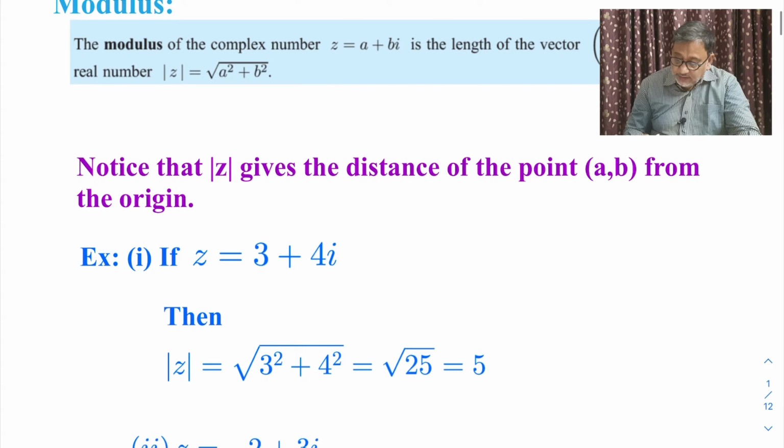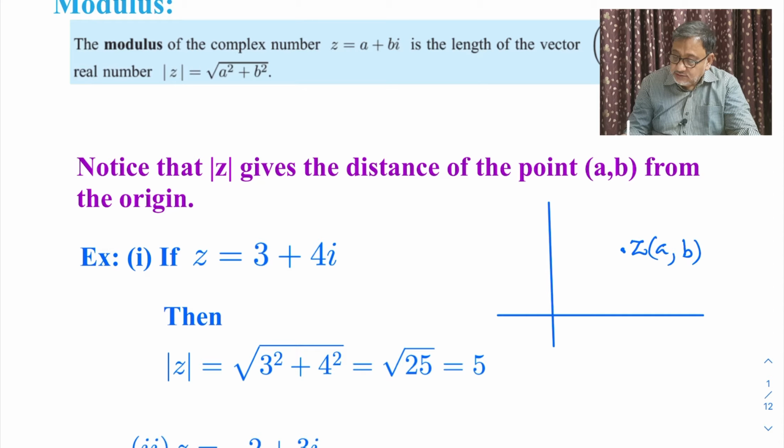Look here, if you have the x-axis and y-axis, I'll show it to you. Suppose you have a complex number z whose coordinates are the real part a and the imaginary part b. Then from the origin to here we will draw the arrow.